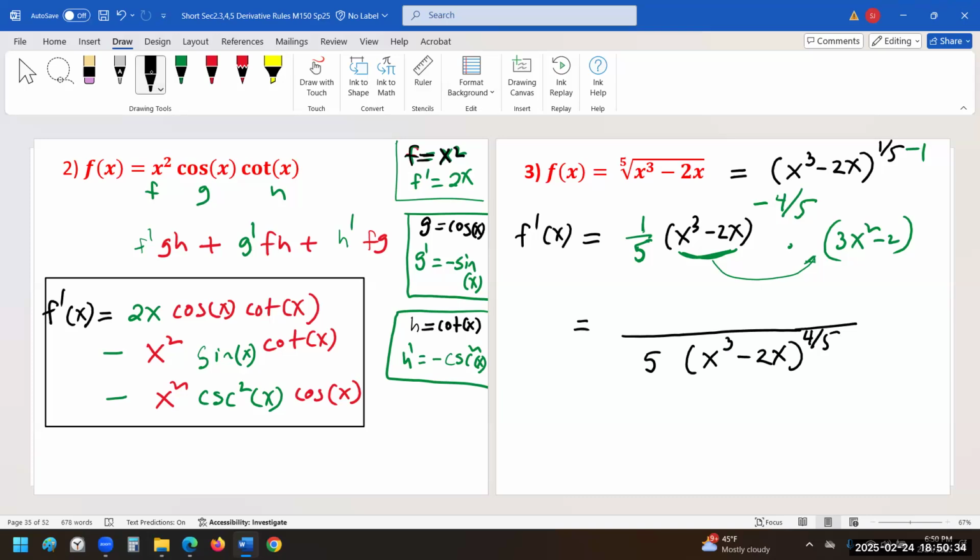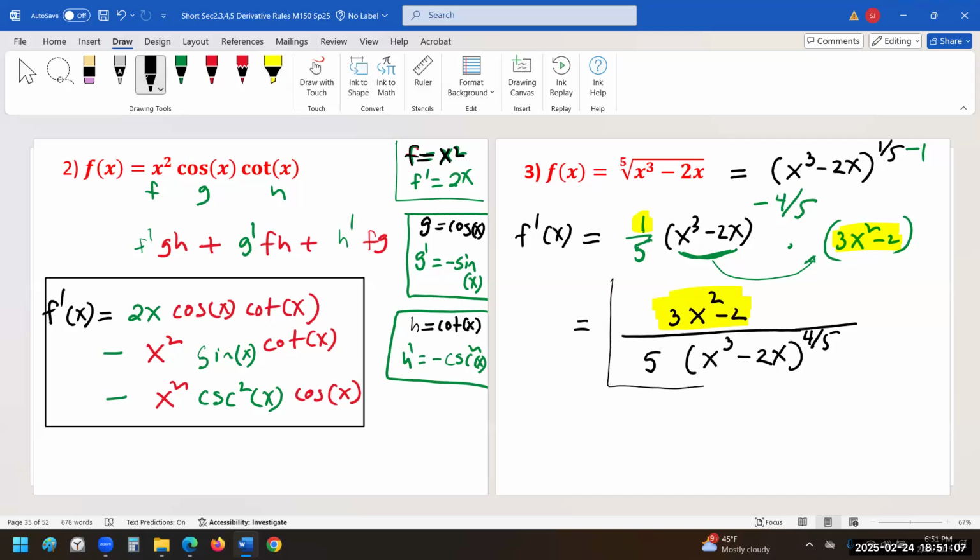Now what goes on the top? 1 and then 3x squared minus 2. But this 1 is 1, so we actually don't write 1. If it wasn't 1 but something else, you must write this number down. For 1, ignore. For every other number, you cannot ignore. And that's how we have this on the top and the denominator on the denominator.